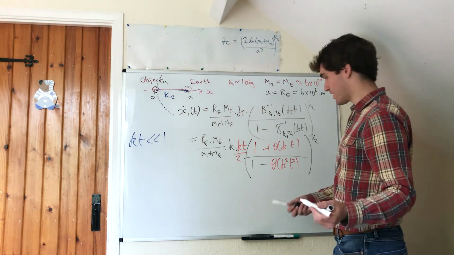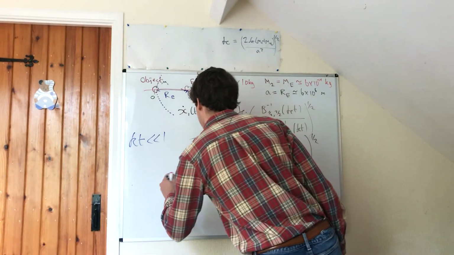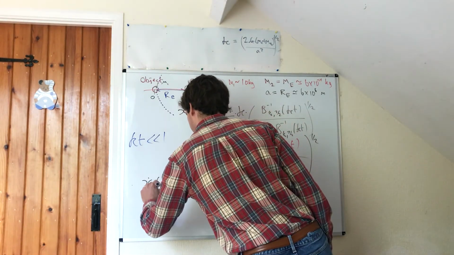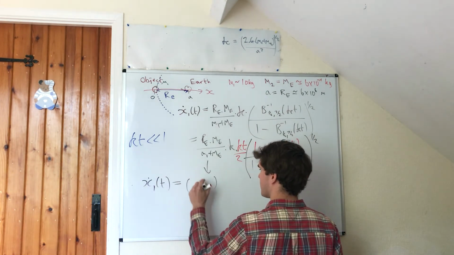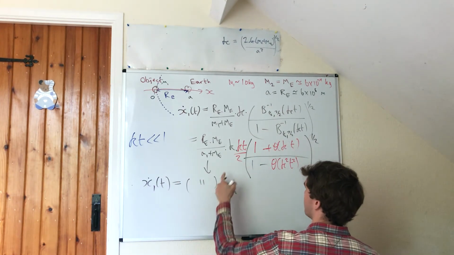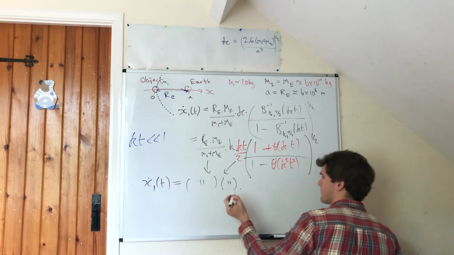Now, we can do a binomial expansion of this, and 1 plus something of order kappa t to the power of a half, so we have x1 dot of t is equal to all this gubbins times all that gubbins times 1 plus order something to the power of a half.